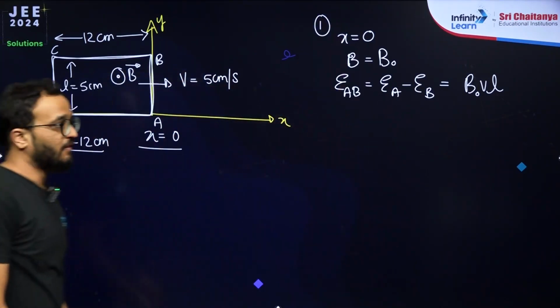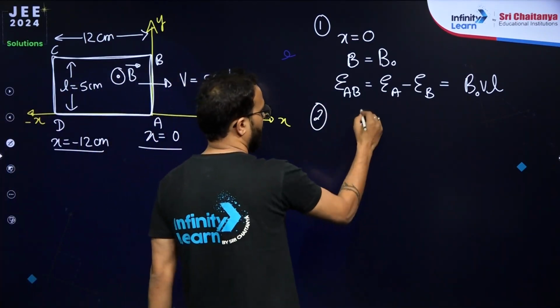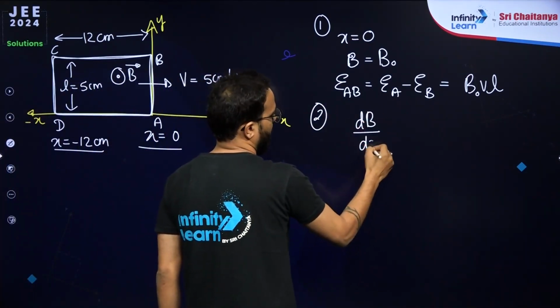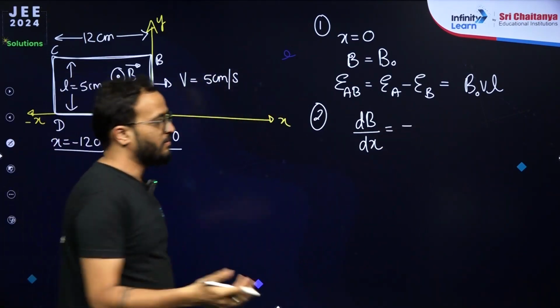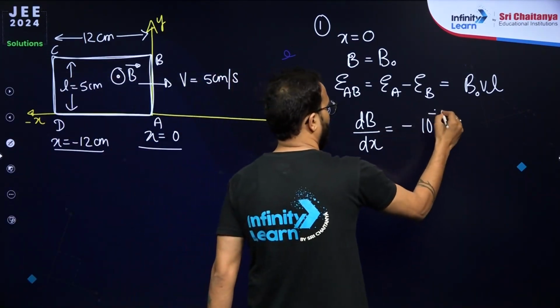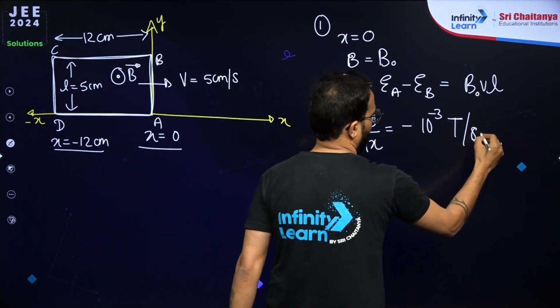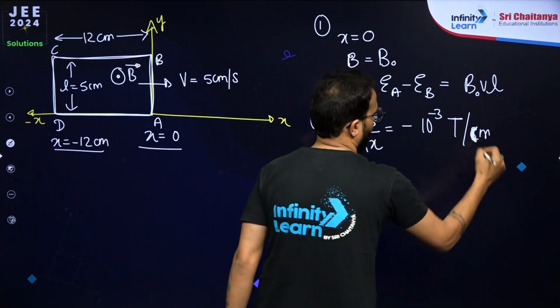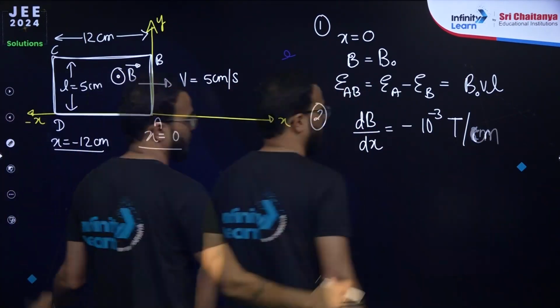Now what is the magnetic field here? What other information have they given? They have given that dB by dx is minus 10 to the power minus 3 Tesla per centimeter. Okay, Tesla per centimeter. Cool. I'll correct it once, right? Minus.